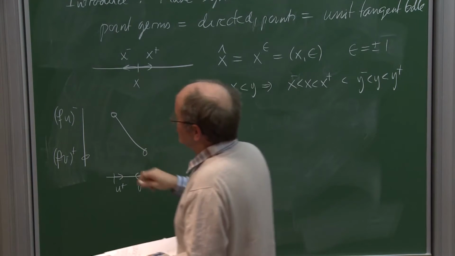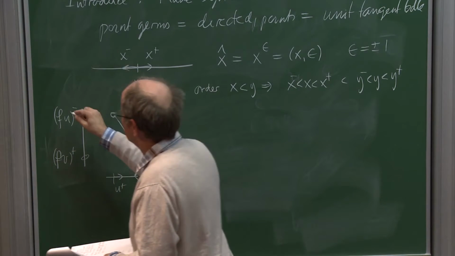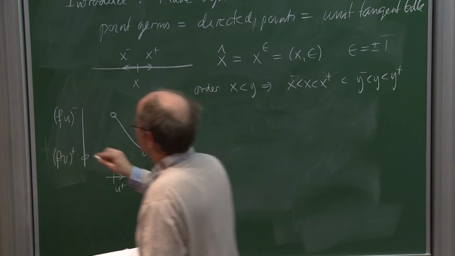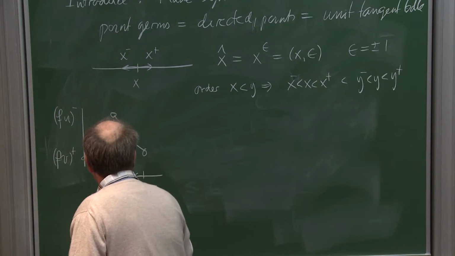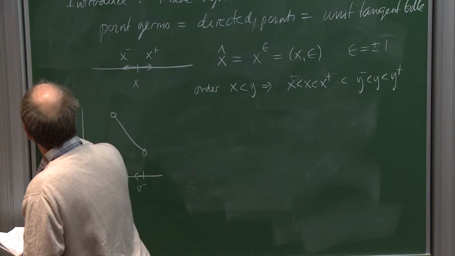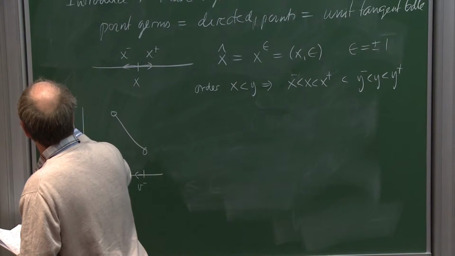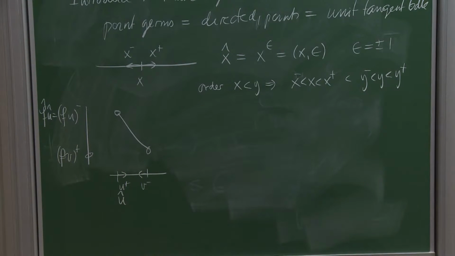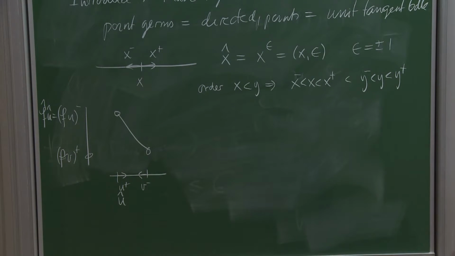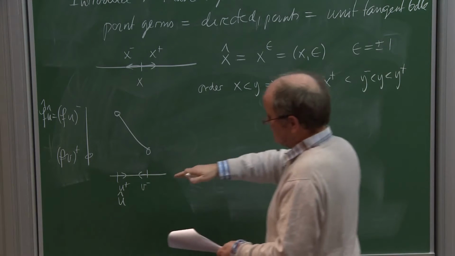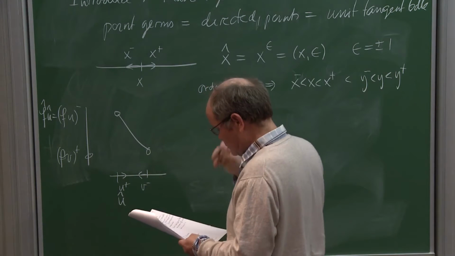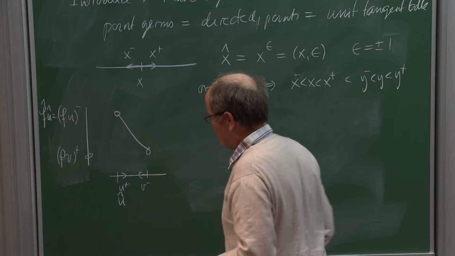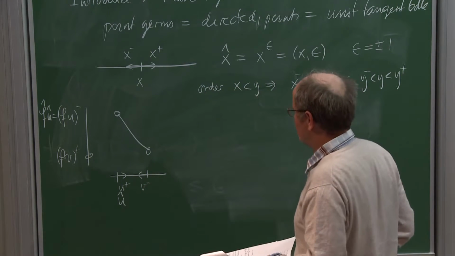And then we would call this the extended map. So if I call this u hat, then I would call this here f hat of u hat. So you see that every time you have a little branch like this, you can extend it to looking at a map of point germs. And then you get a nice map defined on all the point germs between the two.